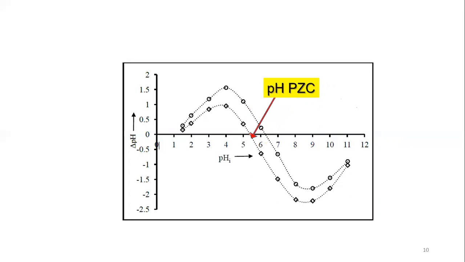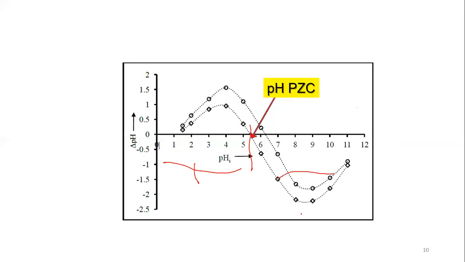If I'm using this material, which I labeled as my material A, what does it represent? This point is a borderline, and here we have a positive surface charge, and here we have a negative surface charge.